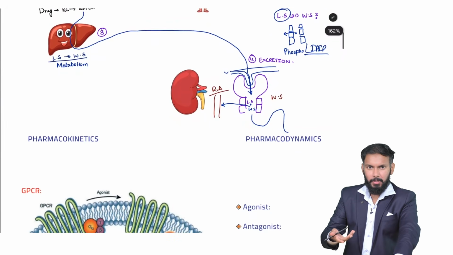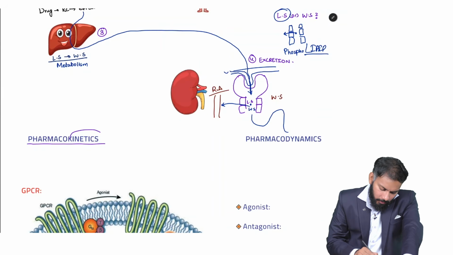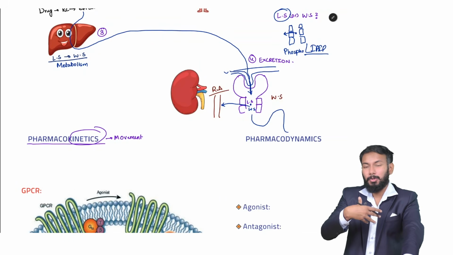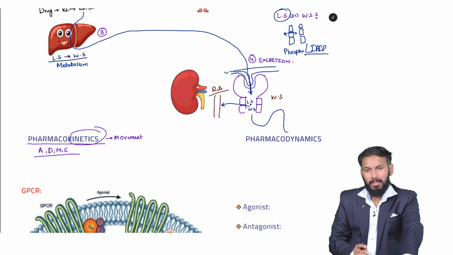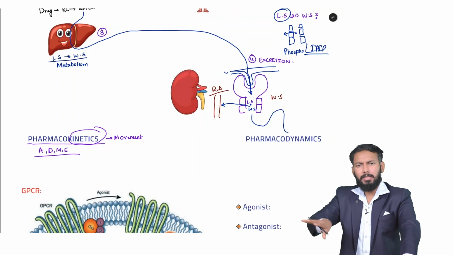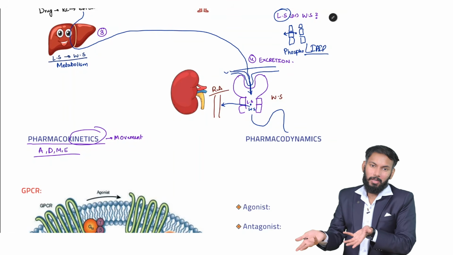Now, if you understood this much, let us see what pharmacokinetics is. See, kinetics means movement. Now, will you accept there is movement in absorption, distribution, metabolism and excretion? You have to. Why? In absorption it is moving from the intestine into the systemic circulation. During distribution it is moving everywhere. In metabolism it is going into the liver, and in excretion it is moving out through the urine. So there is movement.